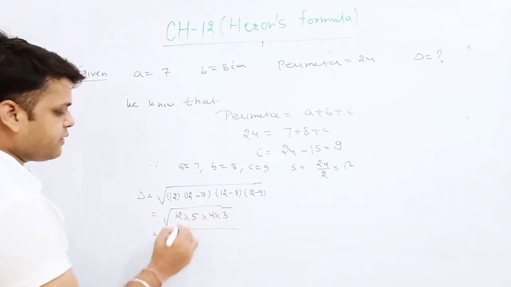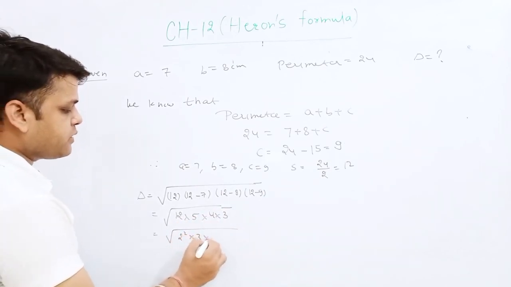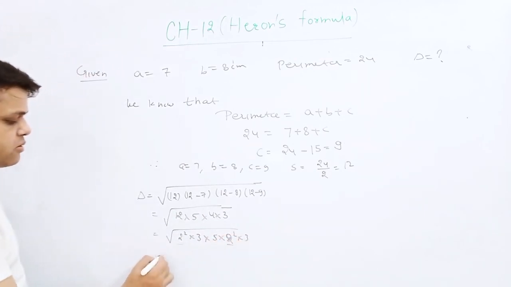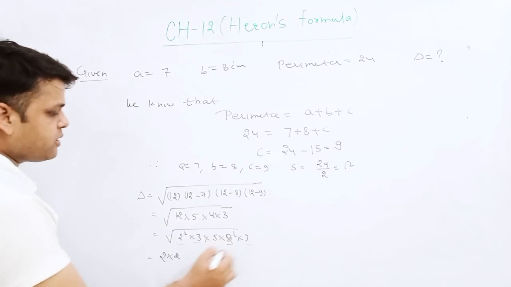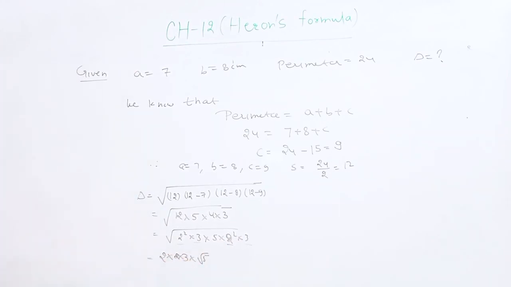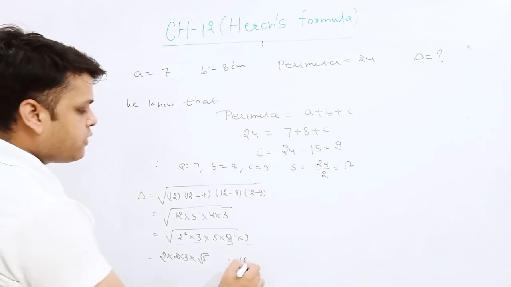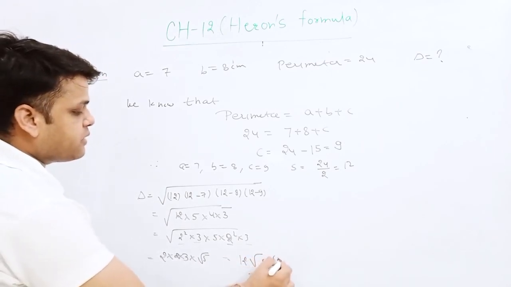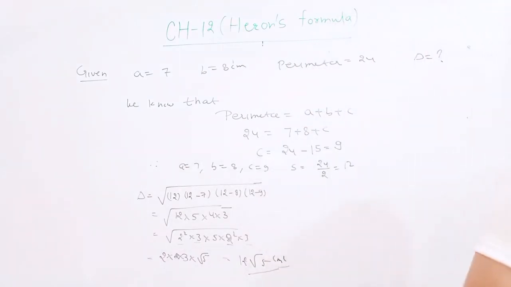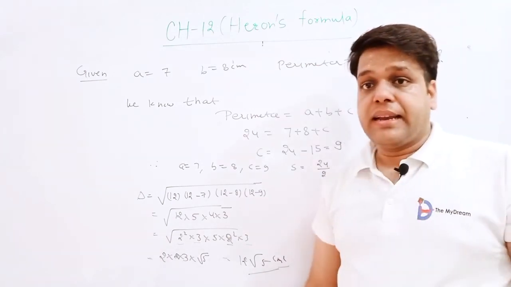If we break it, we get 2 square into 3, 5, into 2 square into 3. 2 square becomes 2 into 2, 3 into 3 becomes 3, and a single 5 is present in the root, so here we cannot take it outside. So here we get 12 root 5 centimeter square. So this is the calculation point of view where the third side is indirectly given.